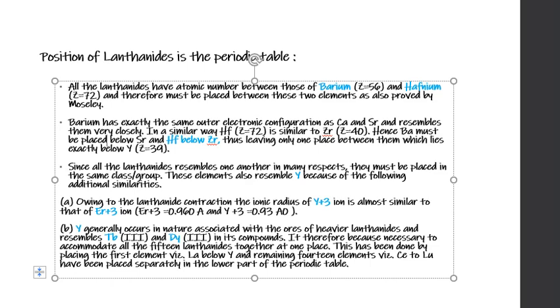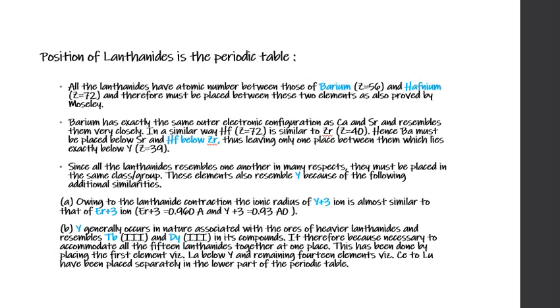All the rare earth metals, I repeat again, are placed below the periodic table, and these classes are called lanthanides and actinides.